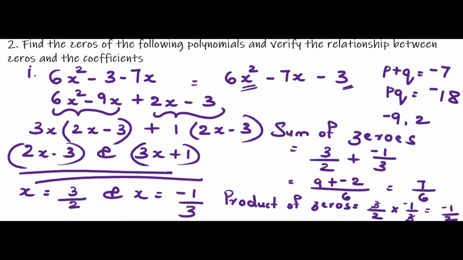Here you know that your sum of zeros is minus b by a, minus of minus 7 by 6, which is correct. Here you got it as 6x square minus 7x minus 3, which is correct. And your product of zeros is c by a. C by a is minus 3 by 6, cancel, minus 1 by 2.